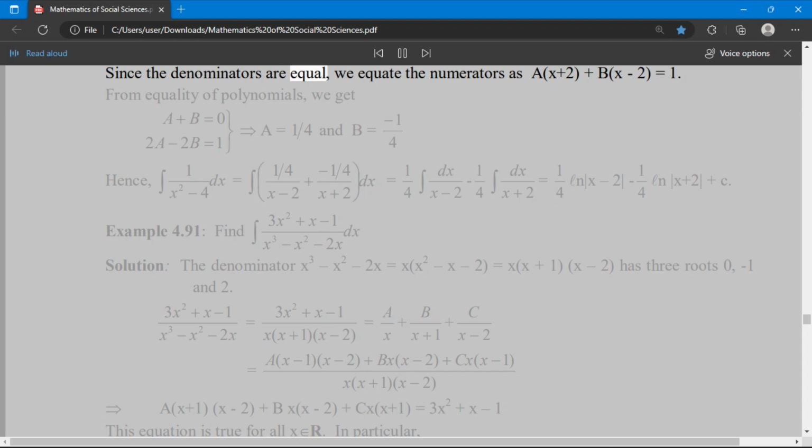Since the denominators are equal, we equate the numerators as A(x + 2) + B(x - 2) = 1.